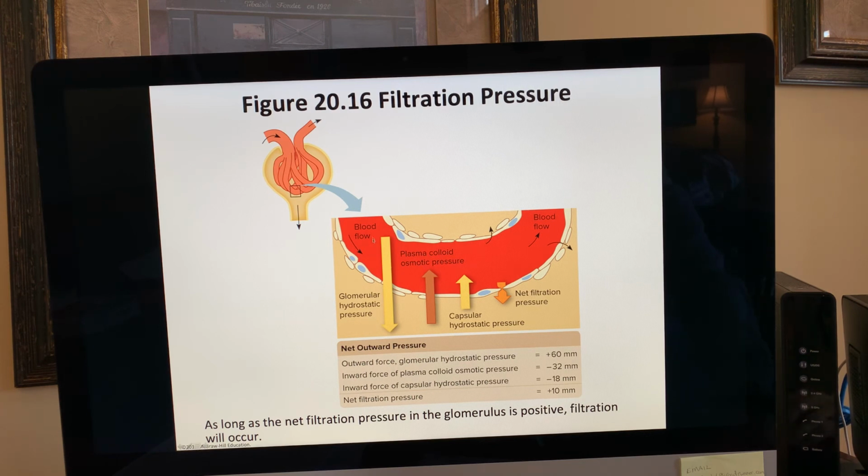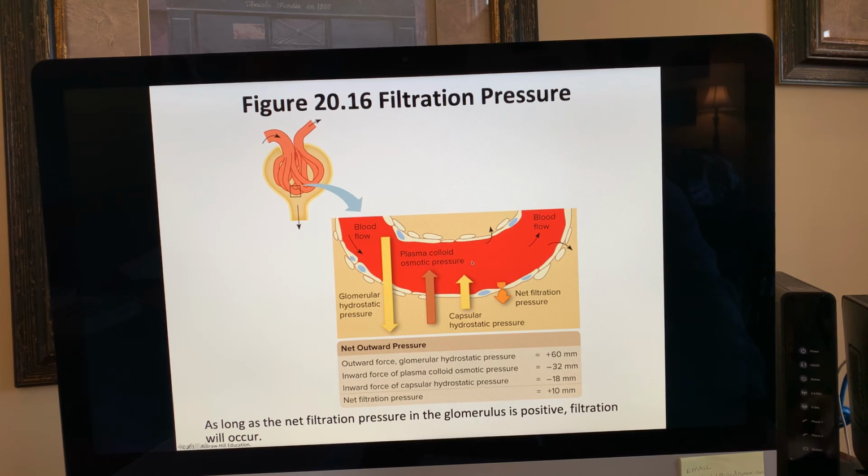So here is a close-up of a glomerular capillary. These are the endothelial cells. These are the podocyte slit processes. So you have a pressure in that capillary that's forcing fluid out. That's called the glomerular hydrostatic pressure. They have that at 60 millimeters.